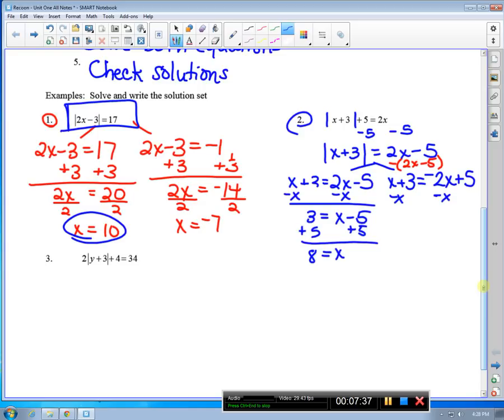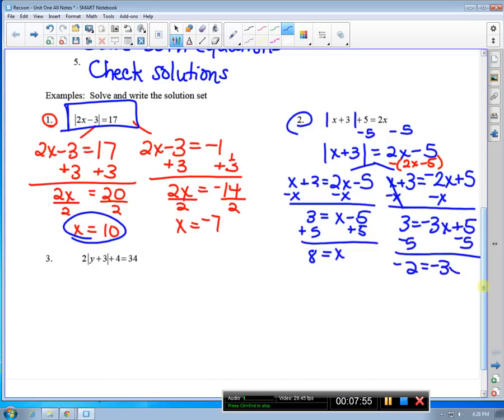That makes a bit of a mess, but that's okay. Yeah, I'm going to change my mind. Sorry about that, guys. Oh, you know what? I shouldn't change my mind. Okay. 3 equals negative 3x plus 5. Subtract the 5. We get negative 2 equals negative 3x. Divide by negative 3. I think it would be an ugly answer any way you did it.